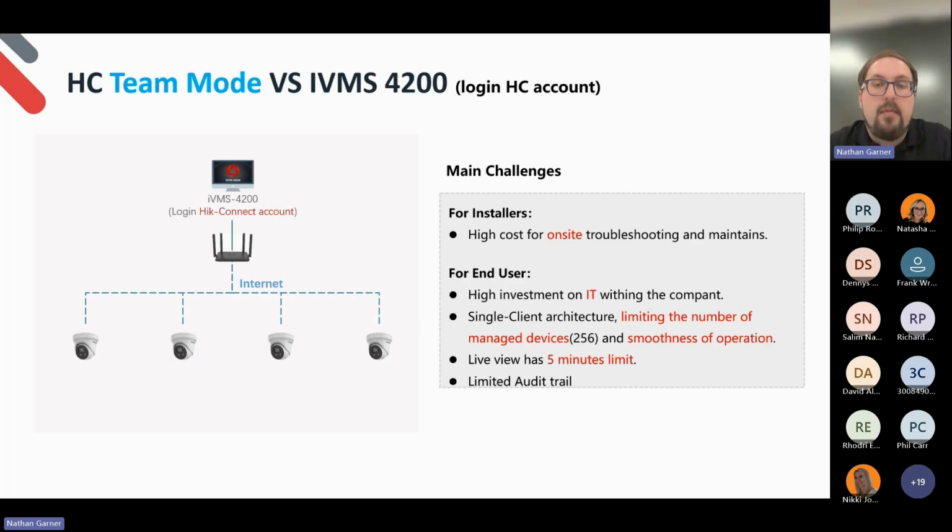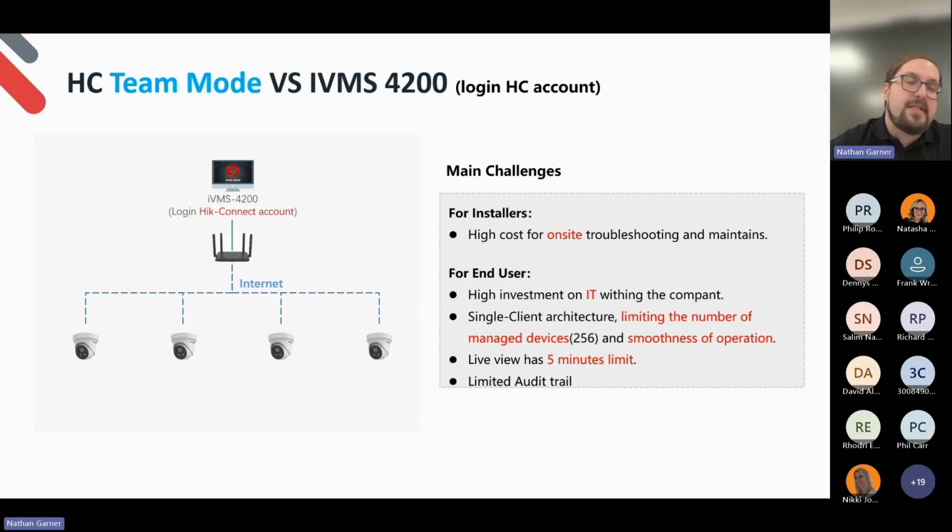It is limited to 256 cameras, and the smoothness of the operation is quite limited when you're running through Hik-Connect. And on the IVMS 4200 side of things, it is limited in the amount of streaming time, especially if it's remote devices going through Hik-Connect, unless they are manually port forwarded.